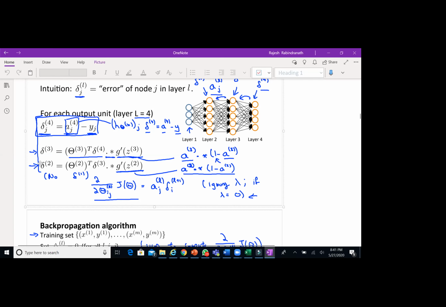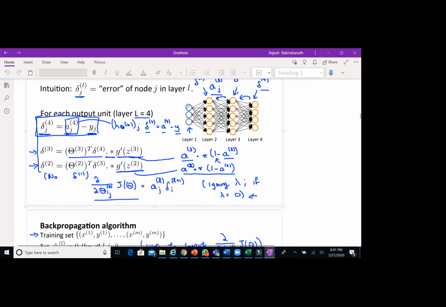And then you calculate the error in layer 2. It's the same formula, theta 2 transpose delta 3. Here it was delta 4. And then G prime of C2. This is what it is. And essentially, when you come to the first node, there is no error.